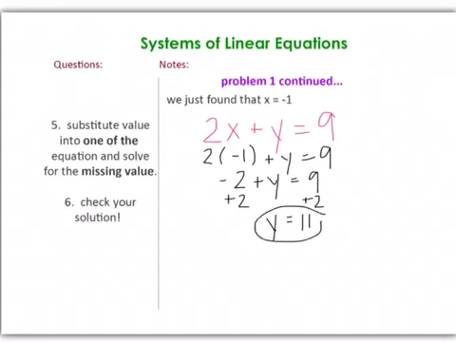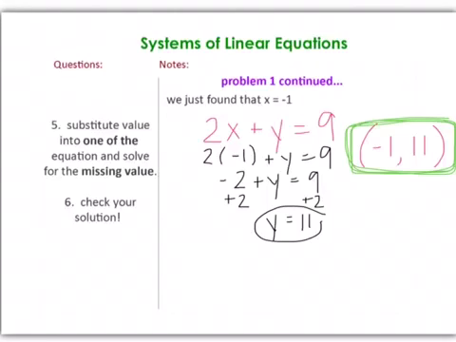So I have x equals negative 1 and y equals 11. So my solution is the point negative 1, 11. Remember, our solutions are going to be points because they're where these two lines intersect. Well, now let me check, because I always want to check my solution.